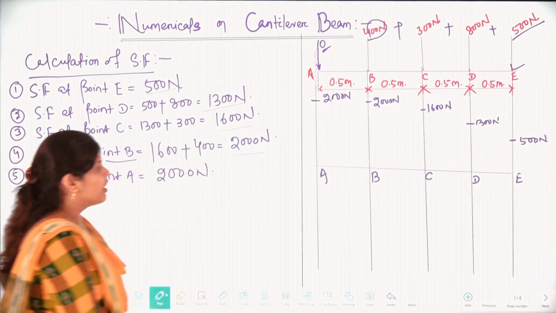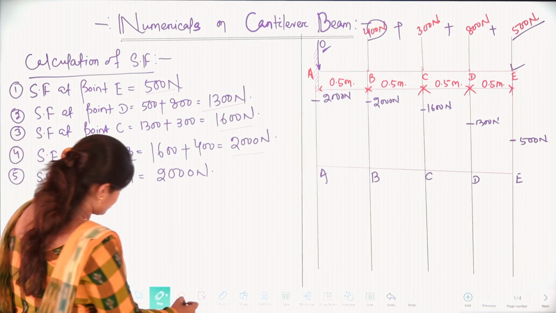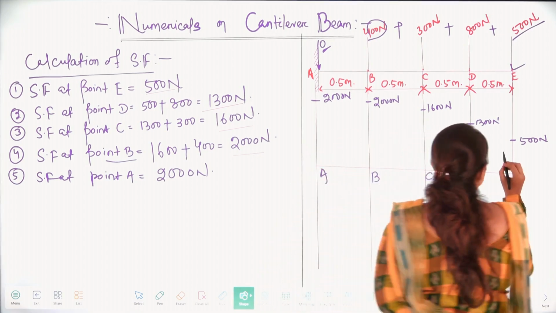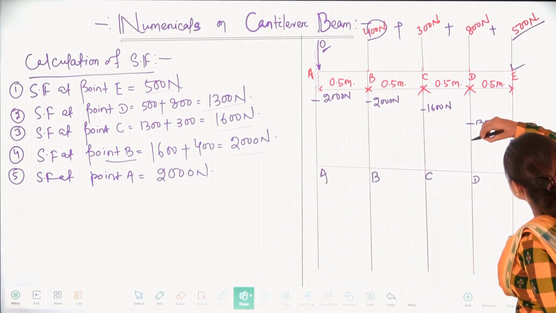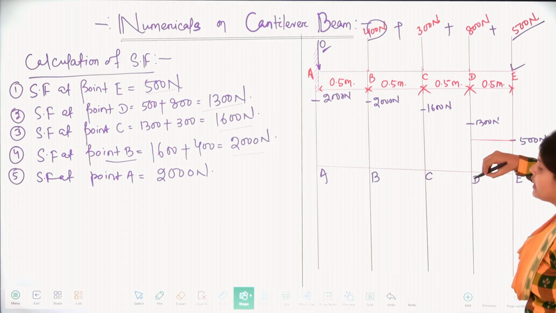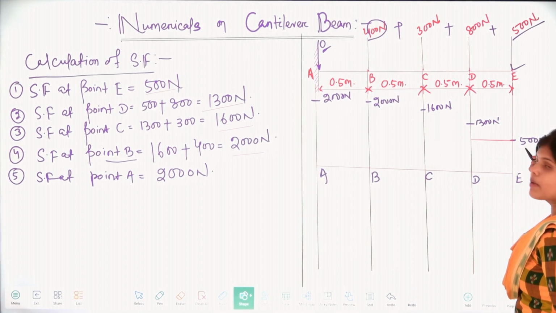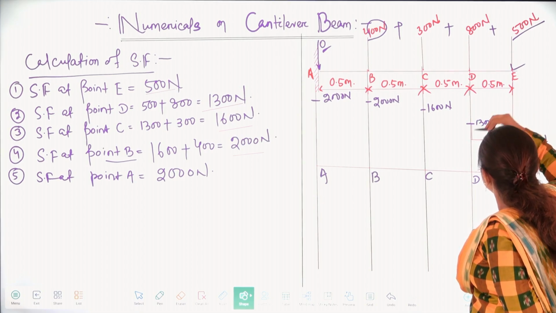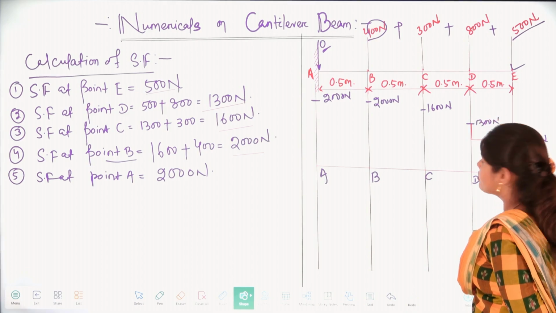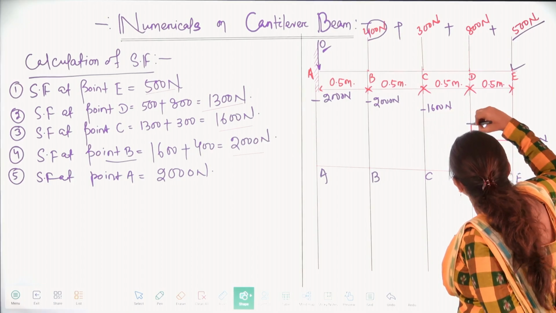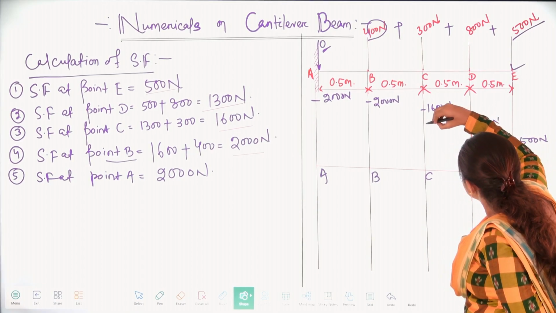Right? Now our work is to draw the diagram like this. Okay. Let's join this. Here from E to D the force is 500 Newton. At point D it will increase, that is 1300 Newton, you can see.